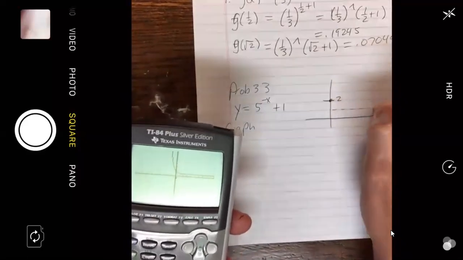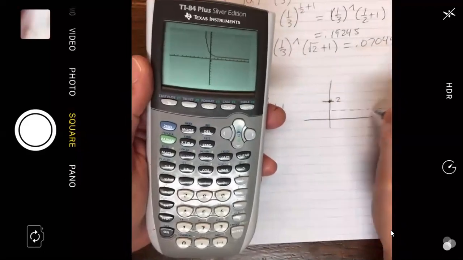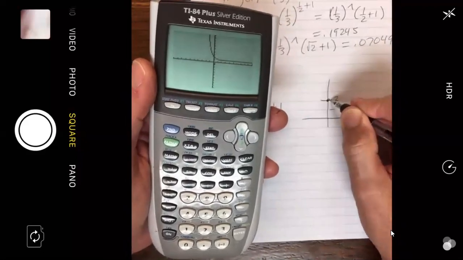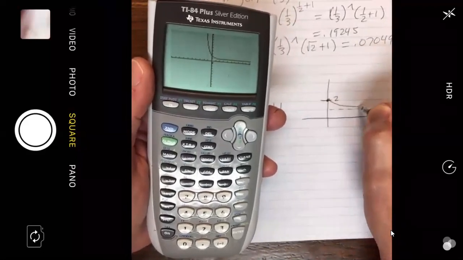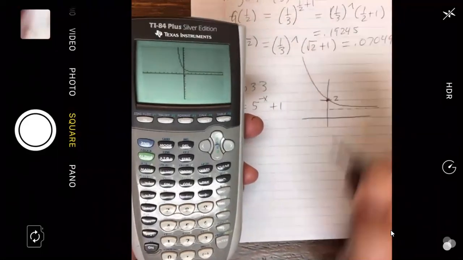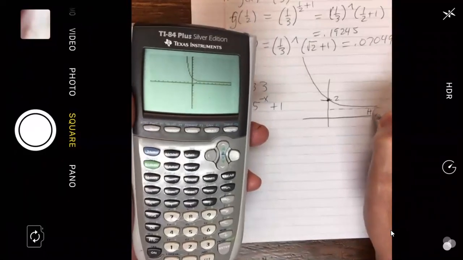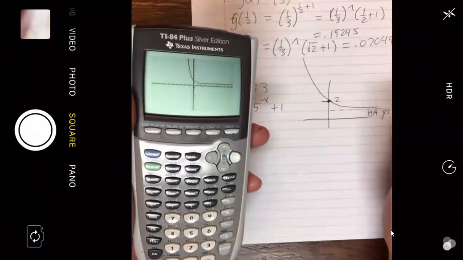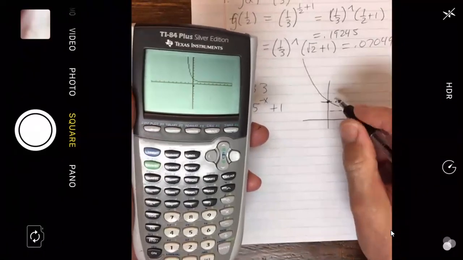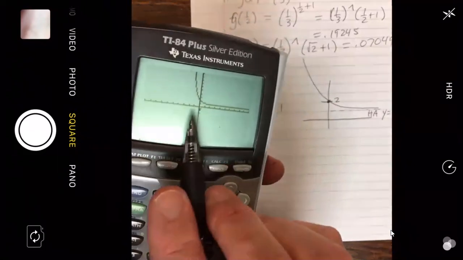And it goes to a line that's 1 below that intercept. It's coming down, approaching 1, and then it is going off with growth that way. The horizontal asymptote would be y equals 1, one below the 2. You can see it crossing at 2.